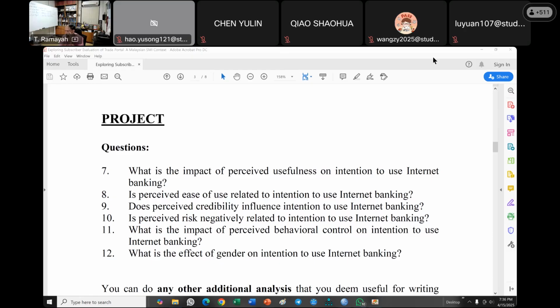Assignment 20%, project 20%. Already written clearly, right? There are two different things. 20% is for assignment, 20% is for project. We don't have minimum pages for assignment and project. Okay. We don't have minimum references.